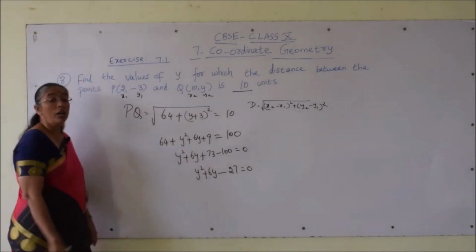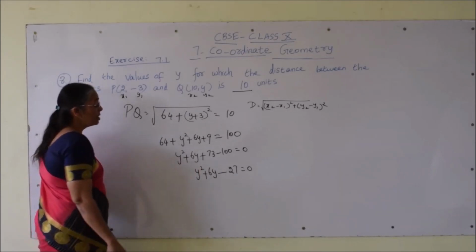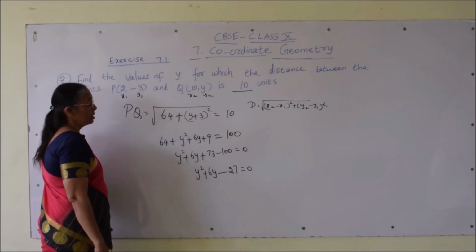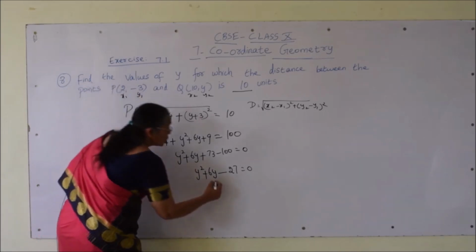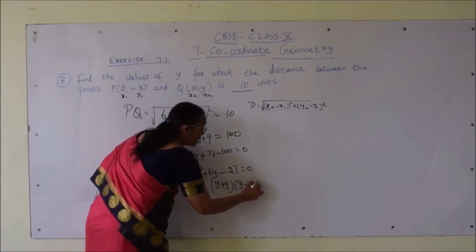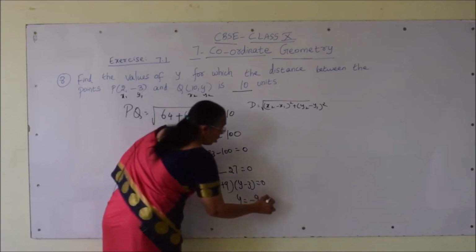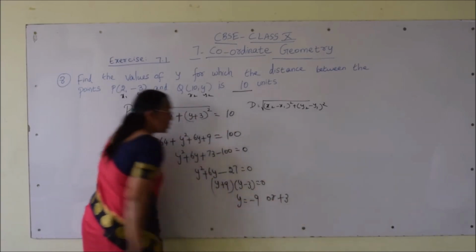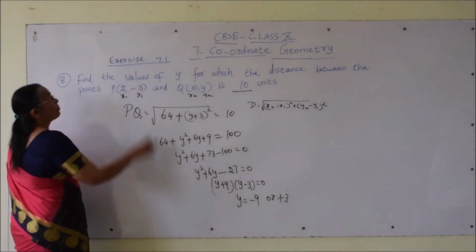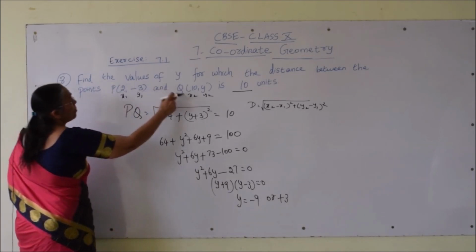Now, we got a quadratic equation in y. So, let us factorize this one. The factors are nothing but 9 and minus 3. So, (y plus 9)(y minus 3) is equal to 0, y value is minus 9 or plus 3. So, there are two values for y, minus 9 or plus 3, such that the distance between the points PQ is 10 units.